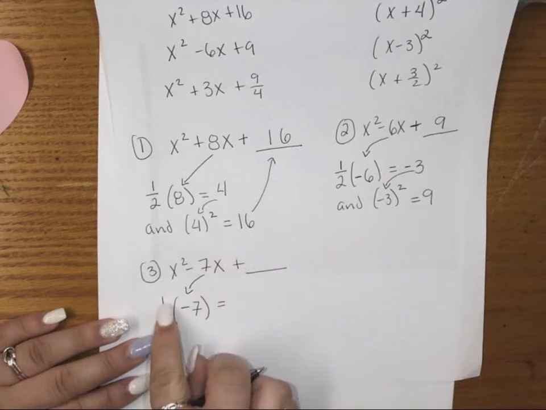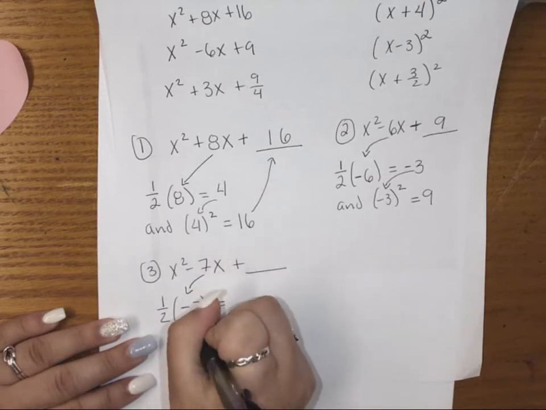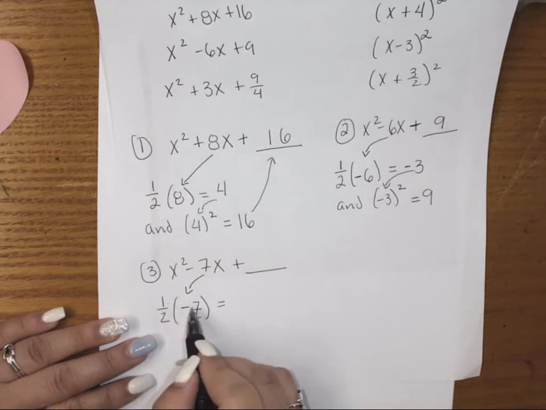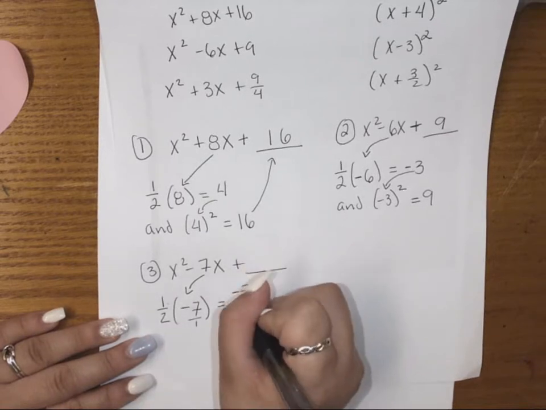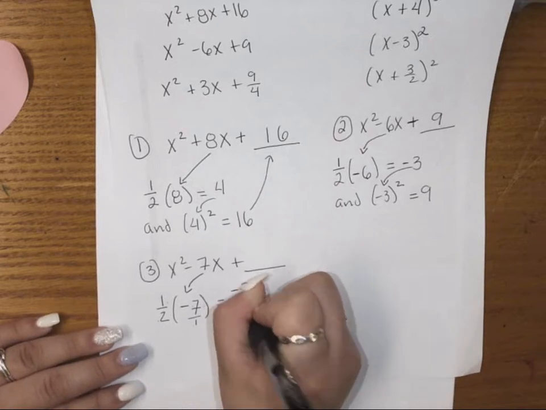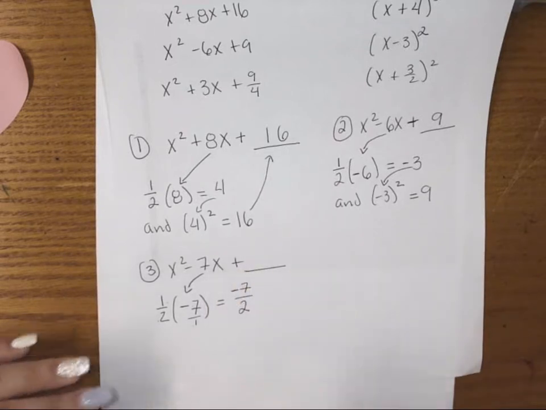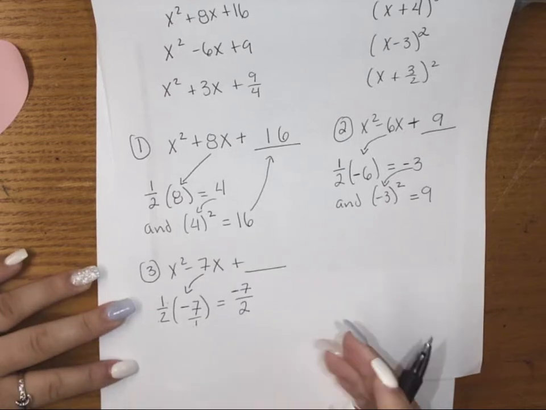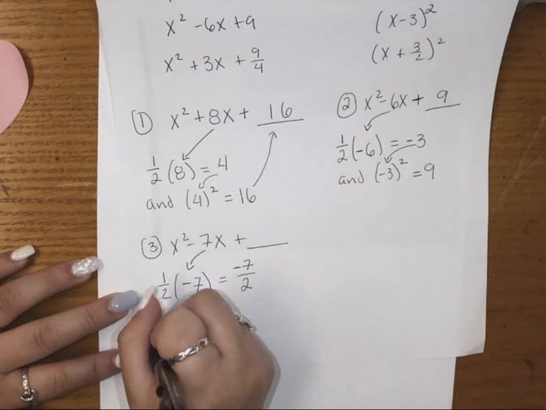Half of negative 7, remember this 7 is understood to be over 1, so we multiply fractions straight across. 1 times negative 7 is negative 7 over 2 times 1 is 2. In this case, our fraction doesn't reduce. 2 doesn't go into 7, and we cannot reduce our fraction anymore. So just leave it as negative 7 over 2.